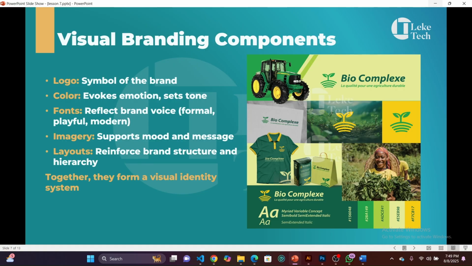For example, you have a tote bag, you have a polo t-shirt, and the logo itself with the icon.